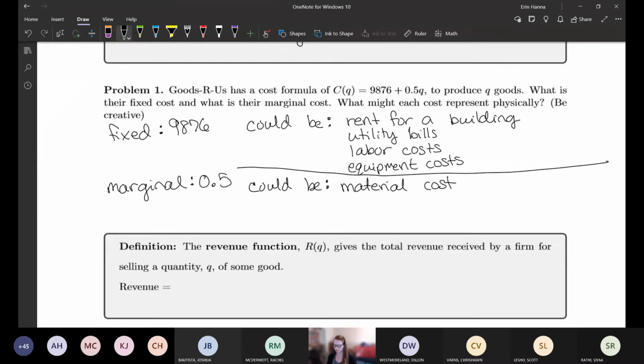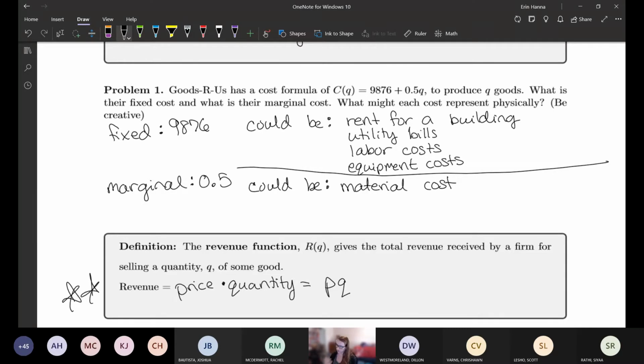Now, the one thing we're really going to want to remember for revenue, it's going to come back a lot, is that revenue can be thought of as price times quantity, or usually I'll just abbreviate it P times Q. Every once in a while, we'll have a function that gives us the price.